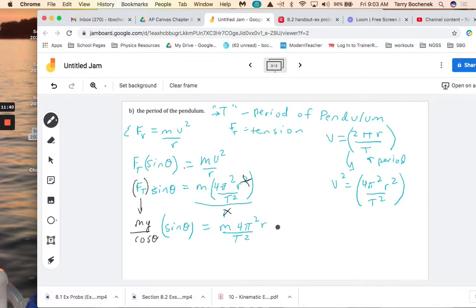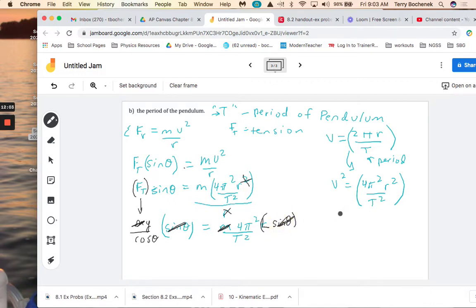I'm running out of space, so this R becomes L sine theta. So we're doing things in terms of L's, like they said before. Cleanup, again, continued. Get rid of the M's. Notice that there's a sine theta here and there's a sine theta here.